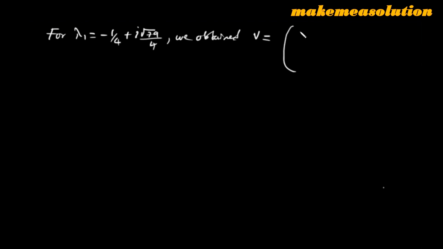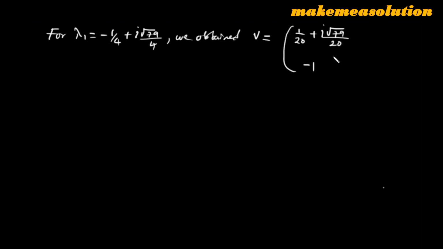We're going to write them up here. Okay, for our eigenvalue, lambda 1 equal to minus 1 all over 4 plus i root 79 all over 4, we obtained our eigenvector, that's v, to be this value. We have 1 all over 20 plus i root 79 all over 20.